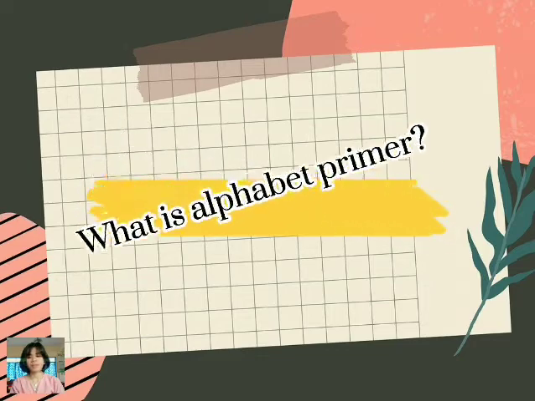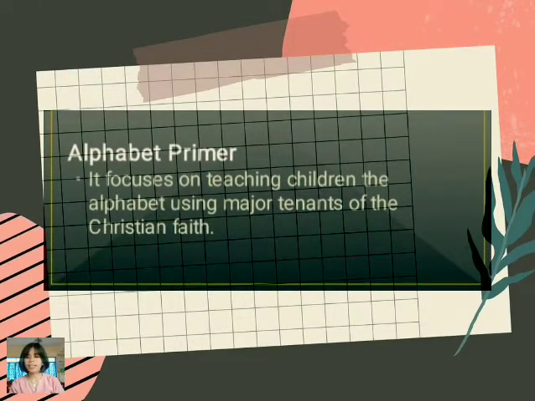Alphabet primer. Alphabet primer focuses on teaching children the alphabet using major tenets of the Christian faith. Reading alphabet books or ABC primer is one way to foster the alphabet principle. Reading alphabet books to your child not only helps them see the shape of the letters, but also the letter sounds.